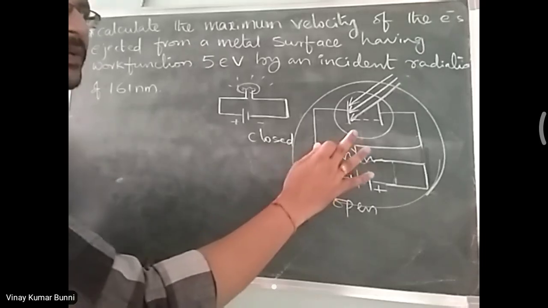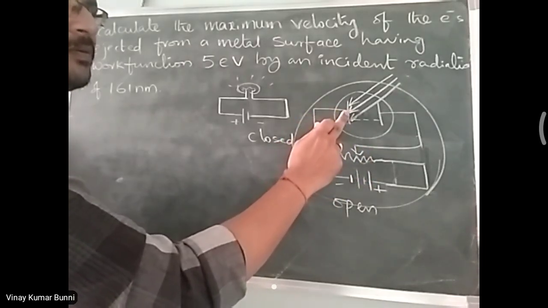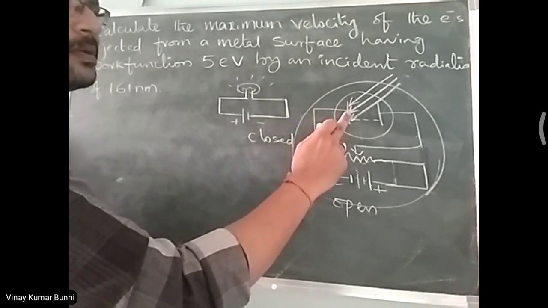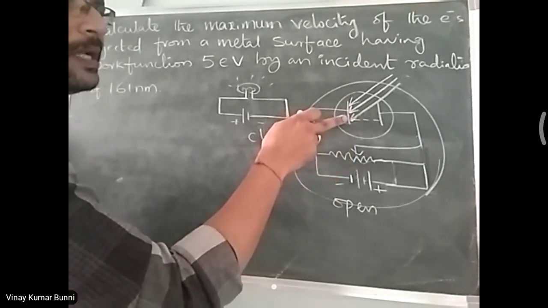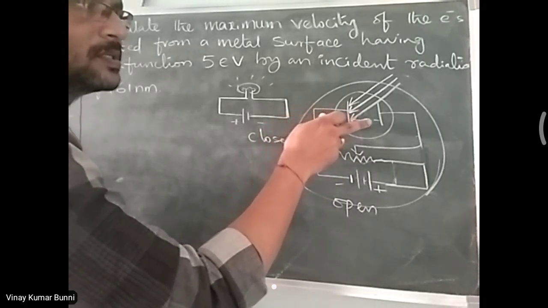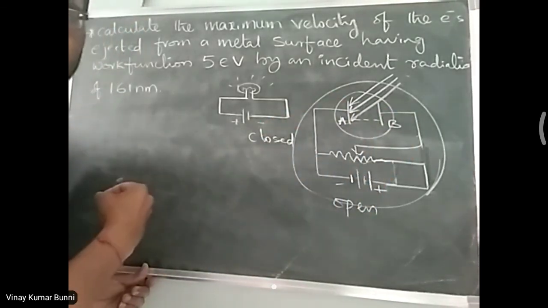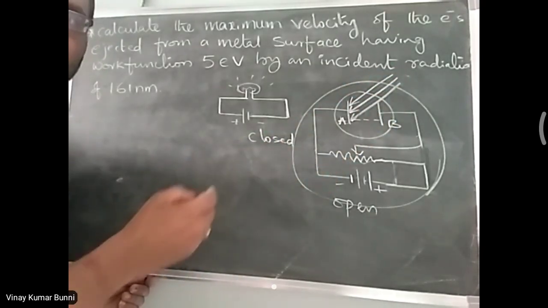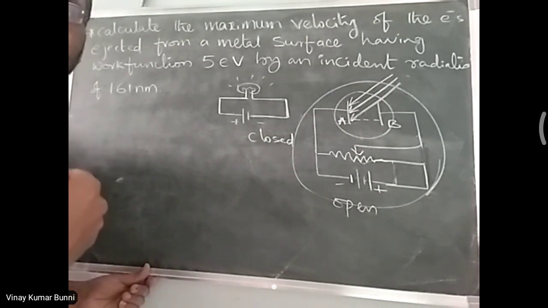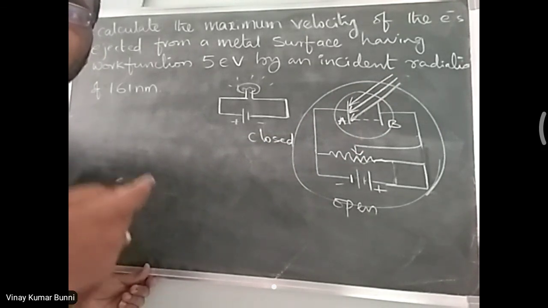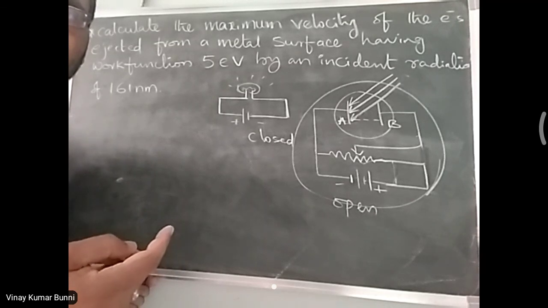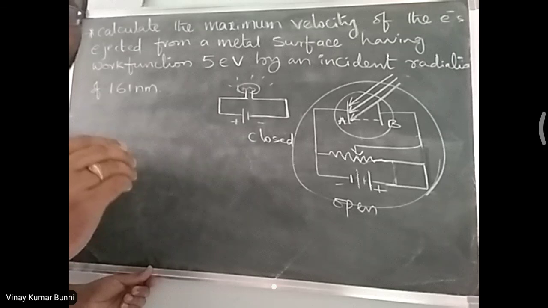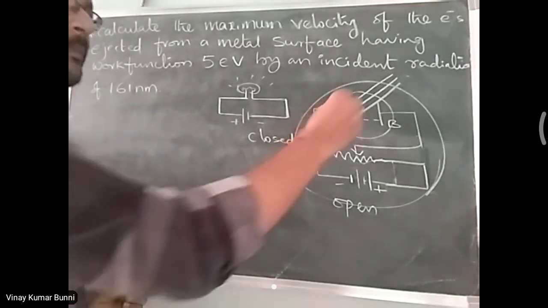But whereas for this, when you incident radiation with a suitable wavelength or frequency, then the metal plate ejects electrons, and the ejected electron attains maximum velocity and it goes towards the metal plate B, and the emitted electrons depend on the frequency, and the emitted electrons depend on the intensity, and the suitable wavelength or frequency depends on the metal plate used.